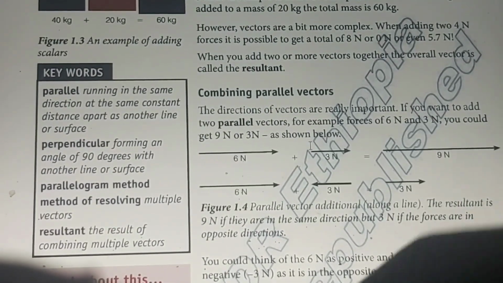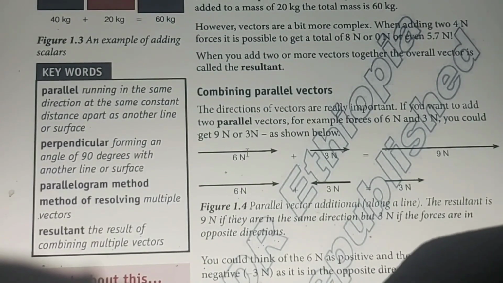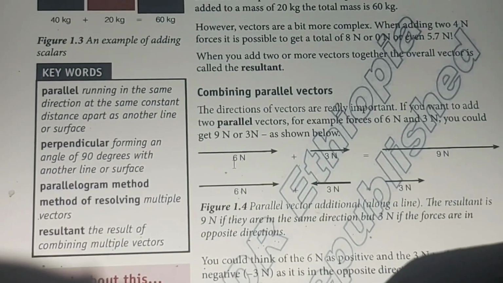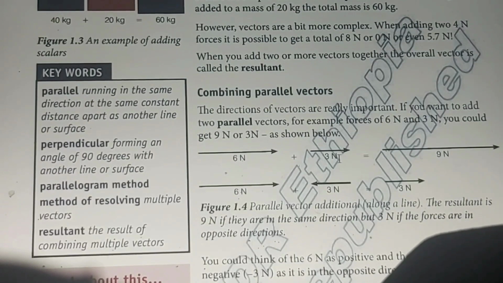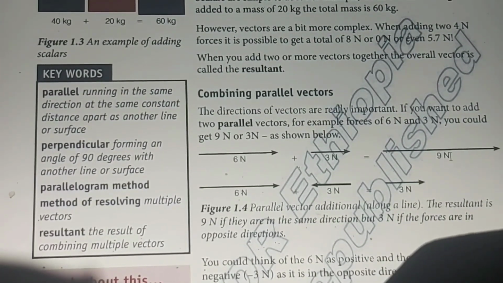Here are two vectors, 6 Newton and 3 Newton, in the same direction. They are to the east. So we simply add, because they are parallel and in the same direction. 6 Newton plus 3 Newton, we have 9 Newton.